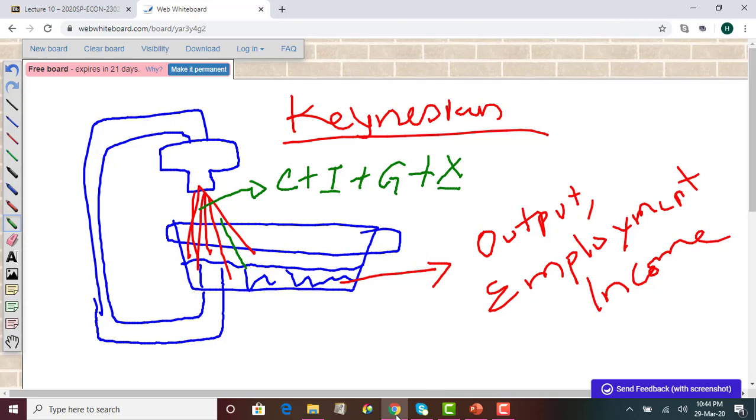So imports is not flowing into your output, we subtract imports from your total output, so it is not an injection into the economy. So the injections will consist of consumption, which is C, investments, which is I, G is your government expenditure, and X is your exports.